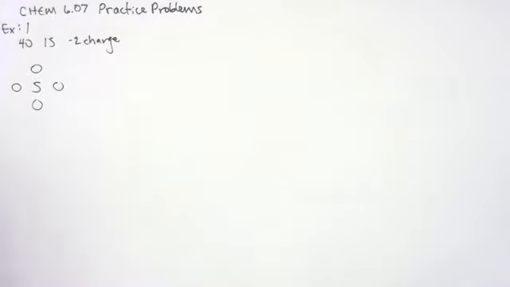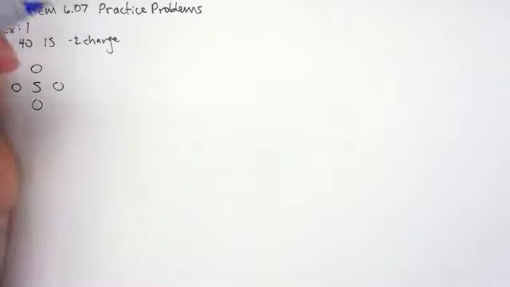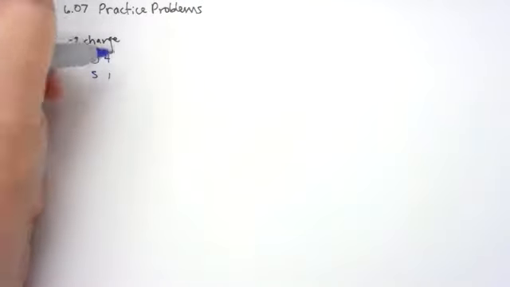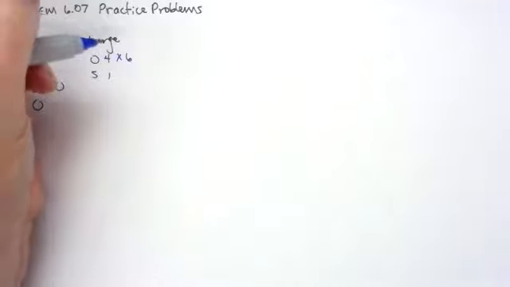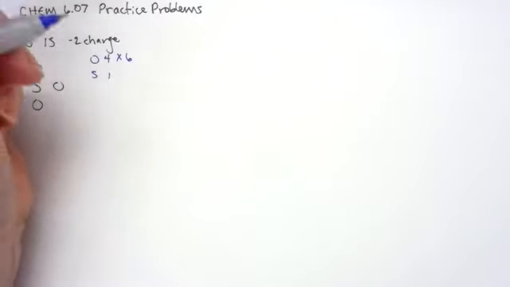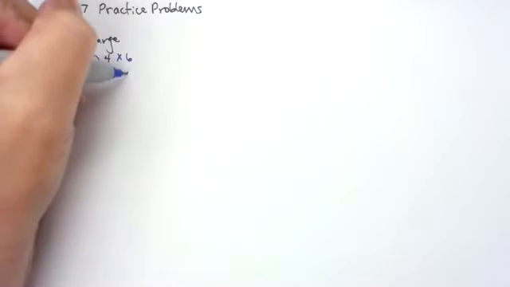And now I need to figure out how many electrons I'm allowed to have. So I have oxygen, I have sulfur, I've got 4 of these, I've got 1 of these. When I look on my periodic table, I see that oxygen has 6 electrons, and sulfur is the same.